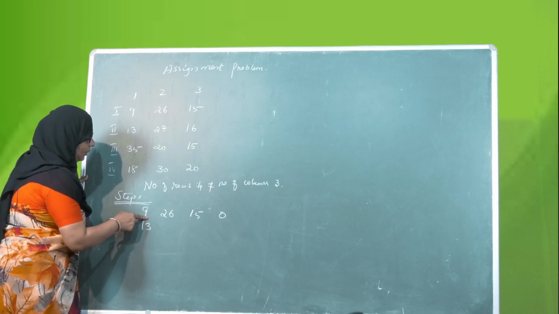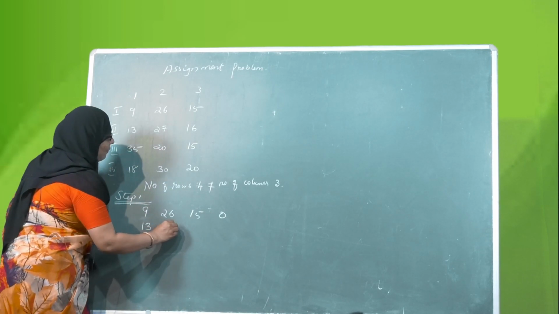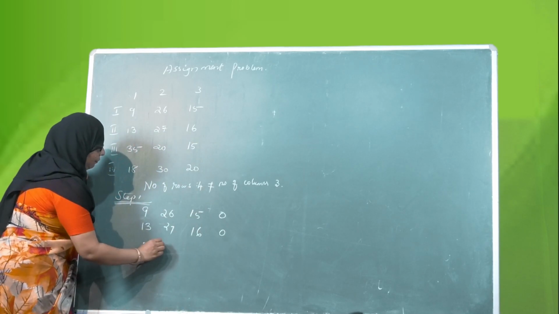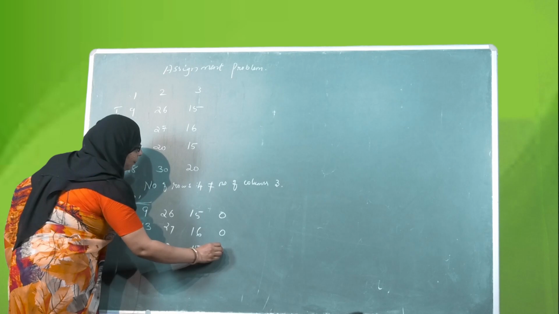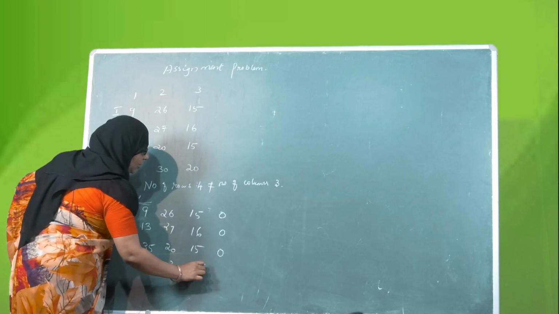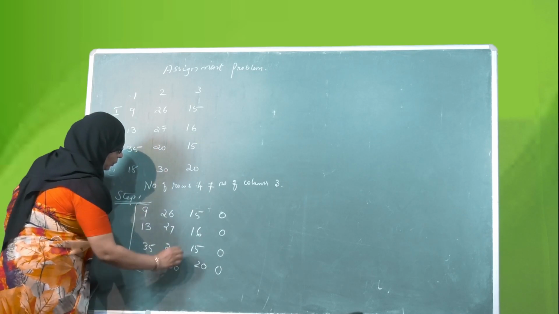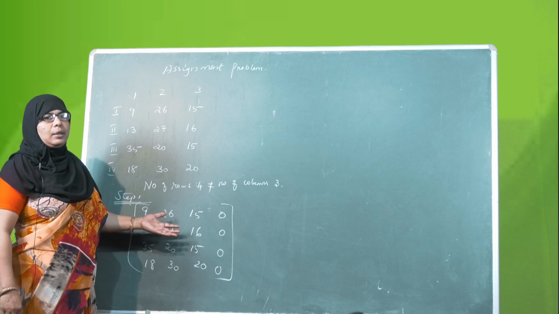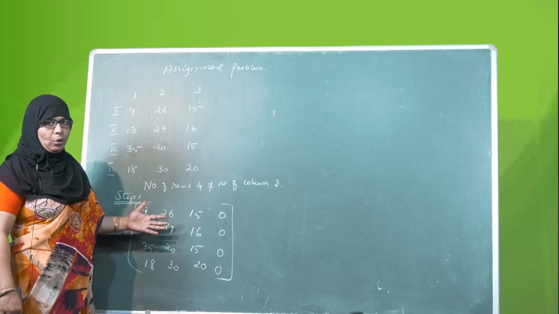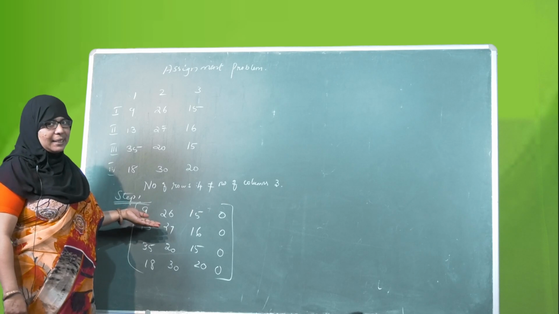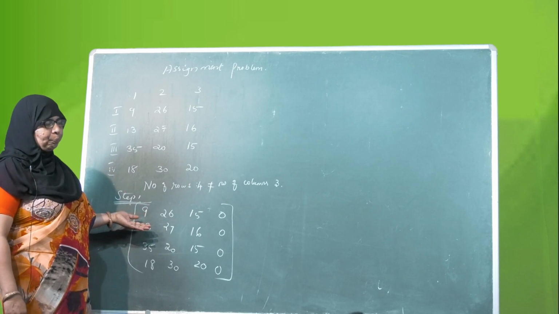Next 13, 27, 16, 0. 35, 20, 15, 0. 18, 30, 20, 0. Now the problem is balanced because the number of rows is equal to number of columns. So therefore it is a balanced assignment problem.